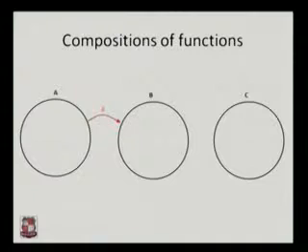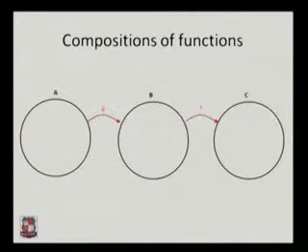This is the function g from A to B. This is the function f from B to C. The answer of the first function from A to B comes in B, and B is the domain of the function f. So that will directly go into the set C, which is the codomain of f.